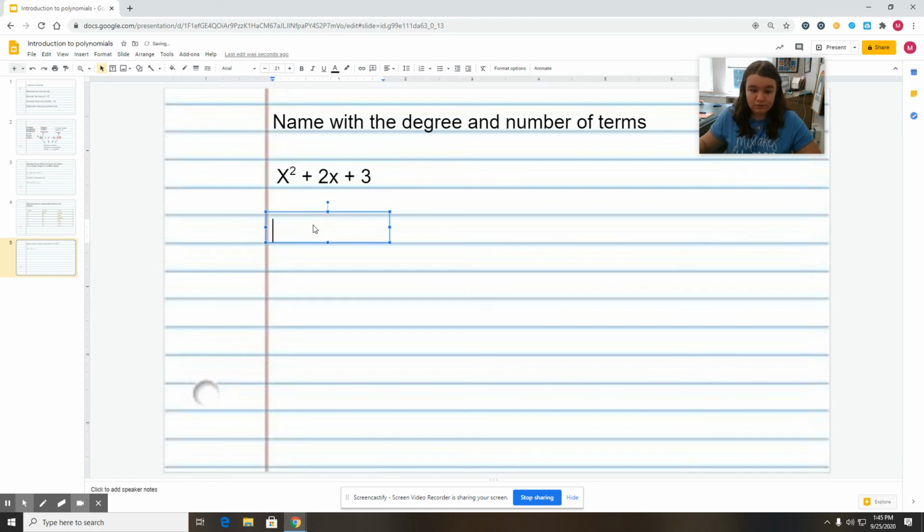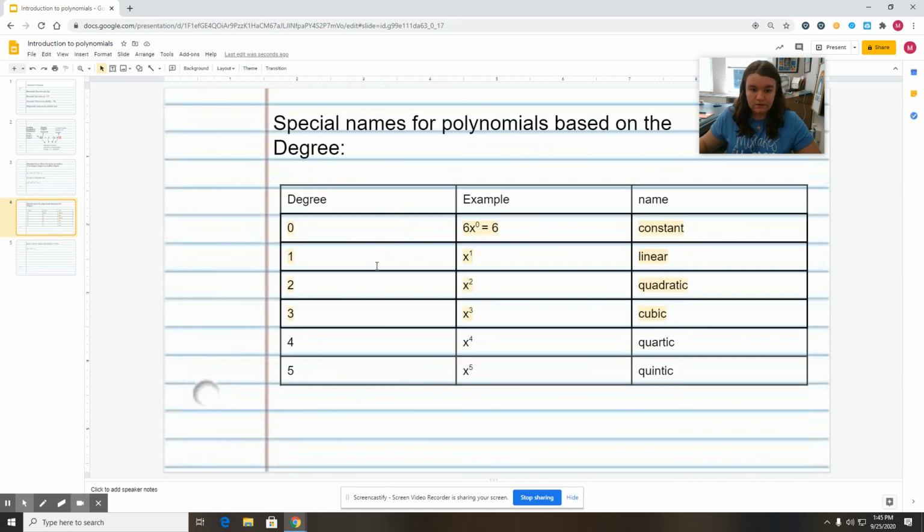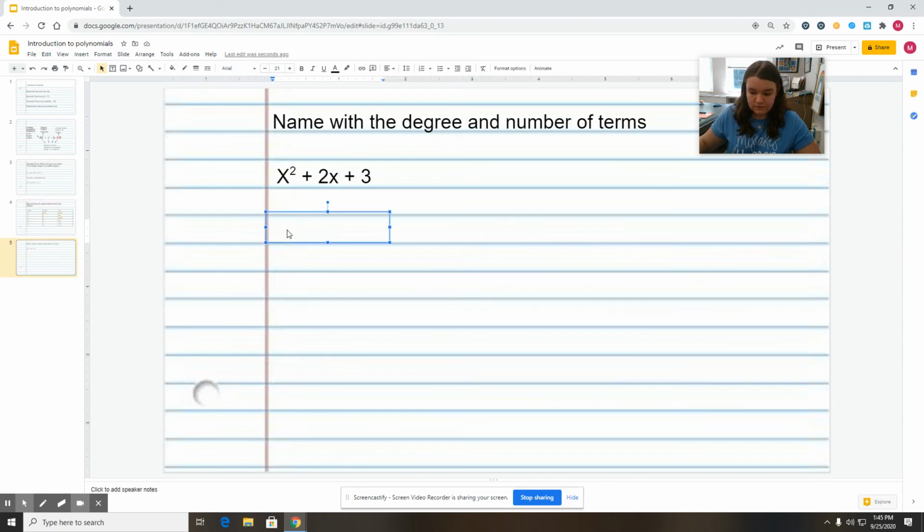So it has 3 terms, and the highest degree is x squared. So remember, x squared was a quadratic function. So I'm going to call this a quadratic trinomial because it has x squared as the largest term and 3 individual terms.